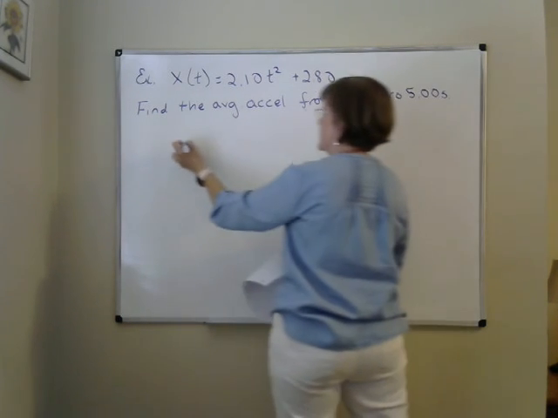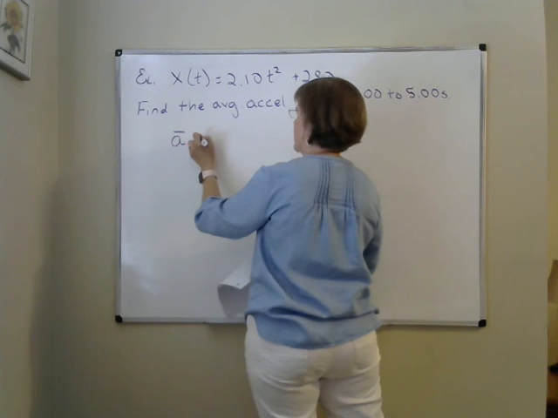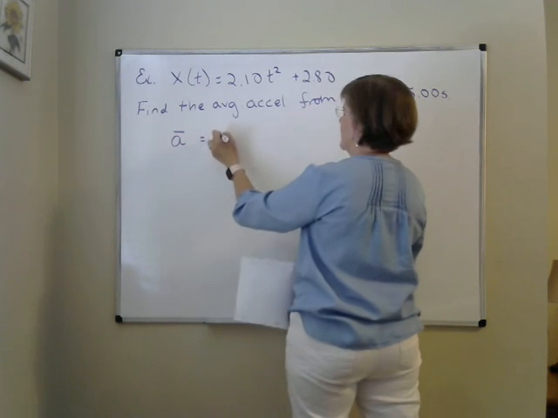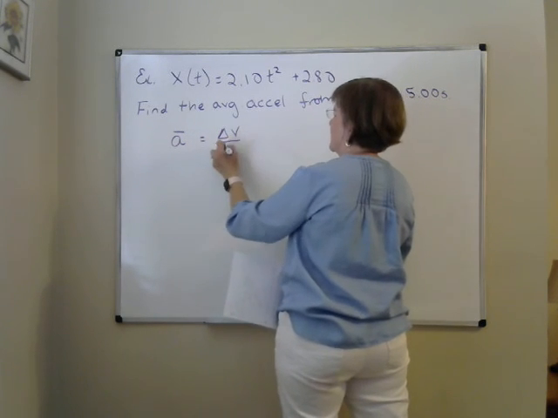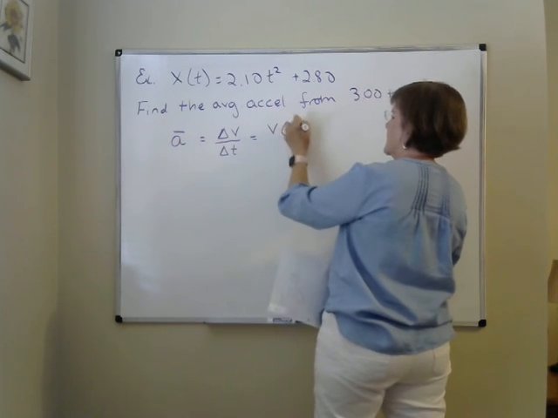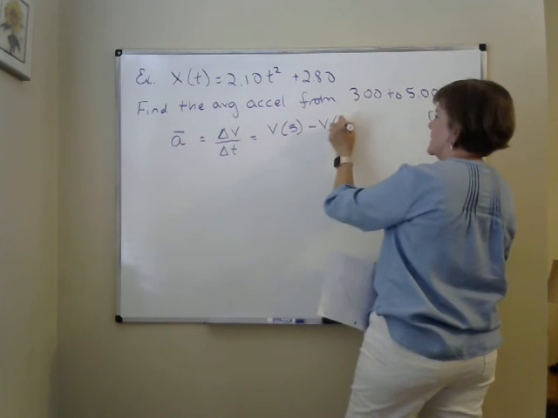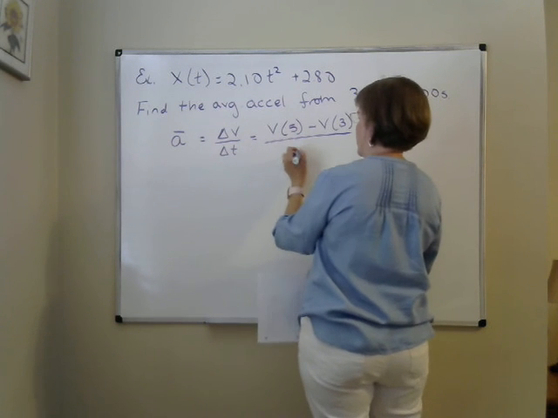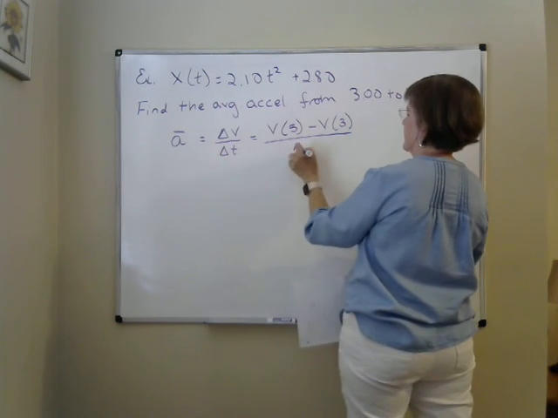Average acceleration in this case is the change in velocity over the change in time, or the velocity at 5 seconds minus the velocity at 3 seconds, over the time.